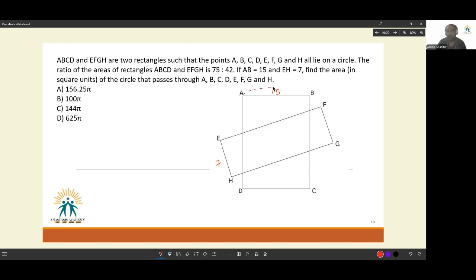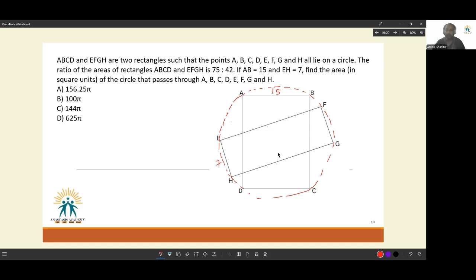First, let us just try our hand at drawing the circle that will pass through these points. Okay.